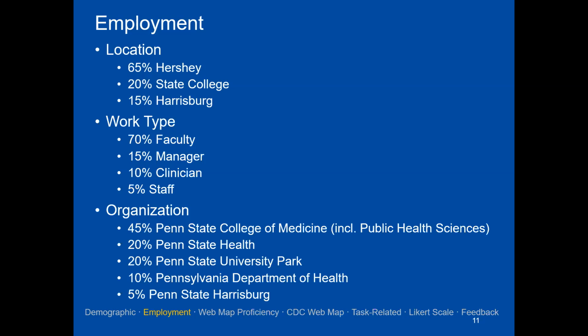The organization was 45% Penn State College of Medicine, which includes the department where I'm located, Public Health Sciences, 20% Penn State Health, 20% Penn State University Park, 10% Department of Health, and 5% Penn State Harrisburg. There was nobody from St. Joseph's.